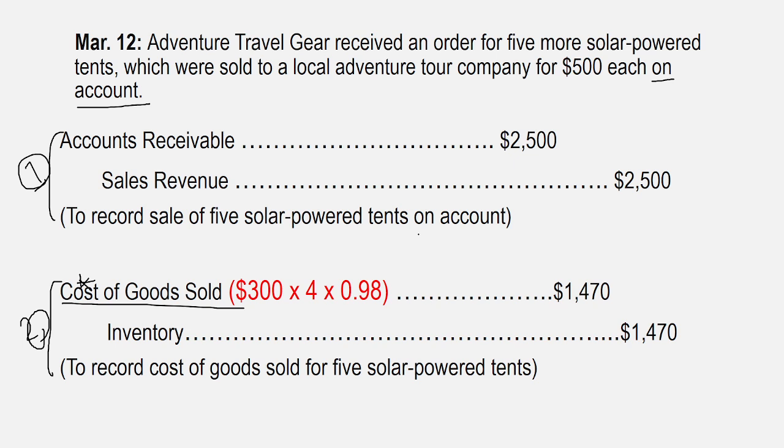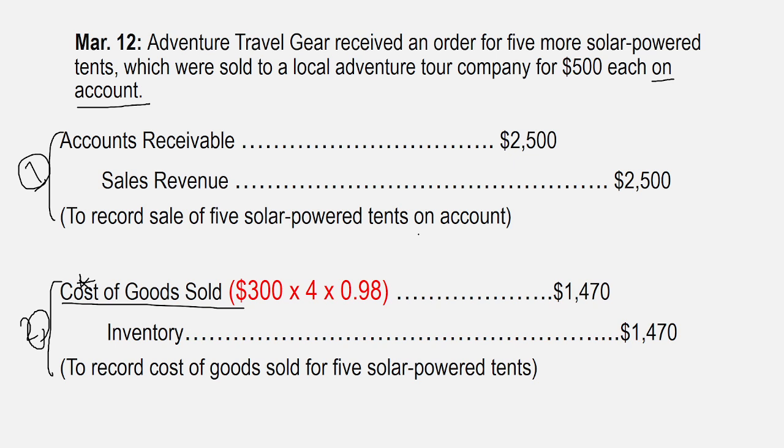So to record these sales in their accounting books, Adventure Travel Gear debits the accounts receivable for $2,500 to recognize the amount owed by the local adventure tour company for the 5 tents sold. Simultaneously, they credit sales revenue for the same amount to reflect the revenue generated from the sales, and this ensures that Adventure Travel Gear accurately records the sales made on credit and the corresponding revenue earned.